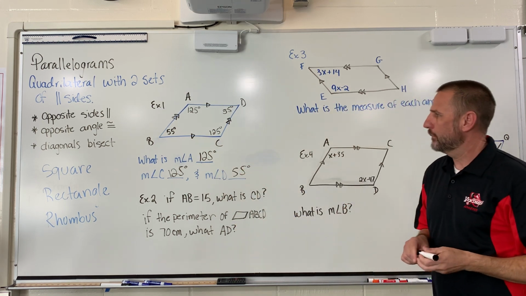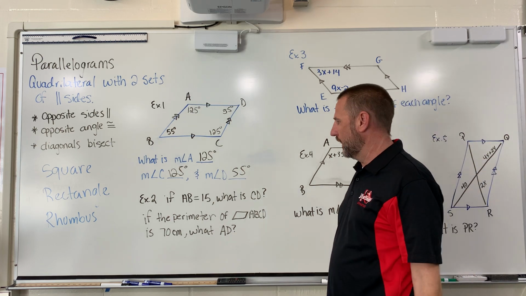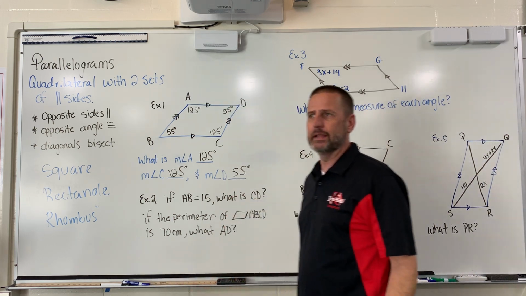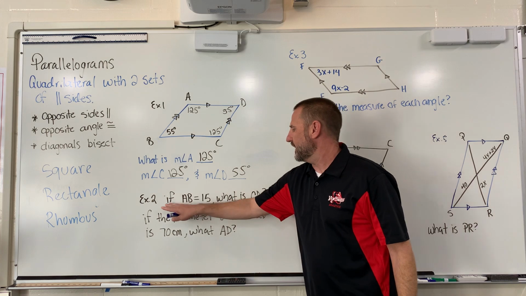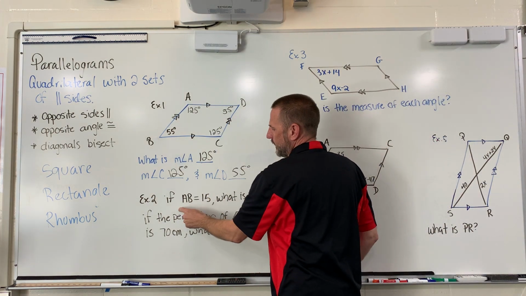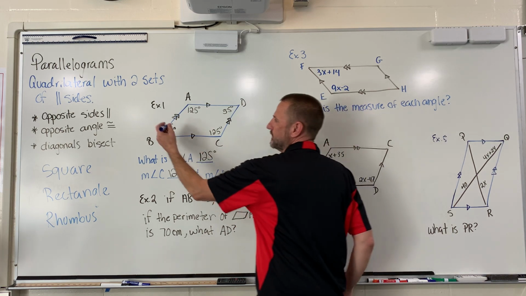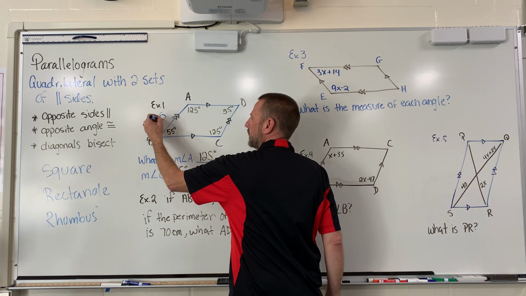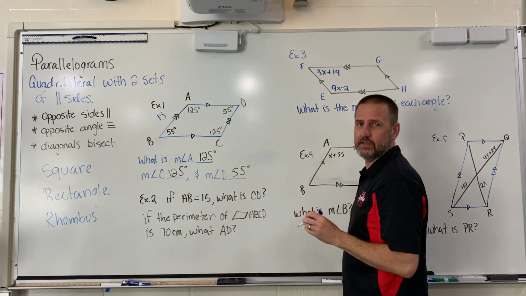All right, part two, example two. This is a perimeter problem talking about length. I wrote, if segment AB is equal to 15, what is the length of CD?